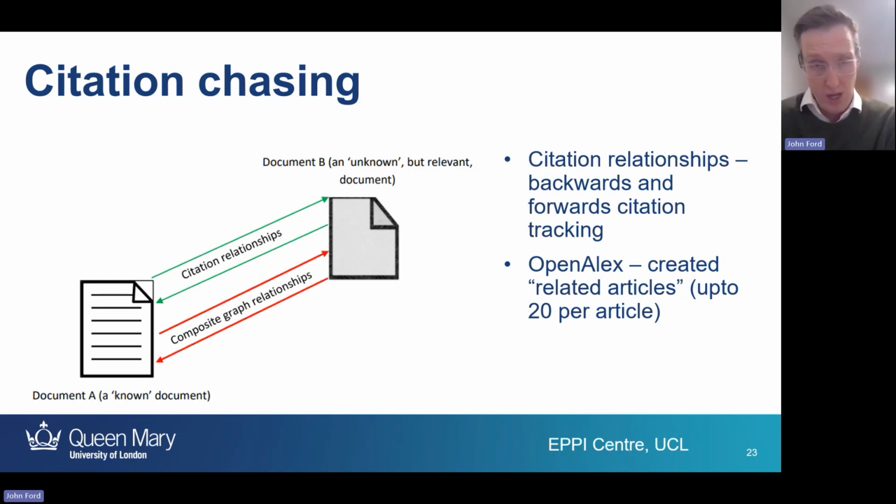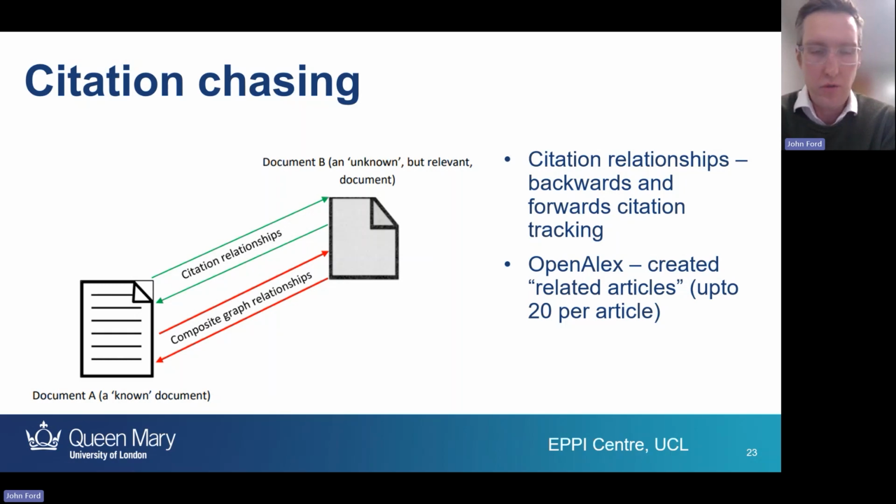This is something which is relatively new in the past few years. You might have seen it when you go and find a journal article, it comes up with their citations, but also comes up with related articles. So OpenAlex has got these related articles, and there's up to 20 per article. But that gives us another way of trying to track relationships.